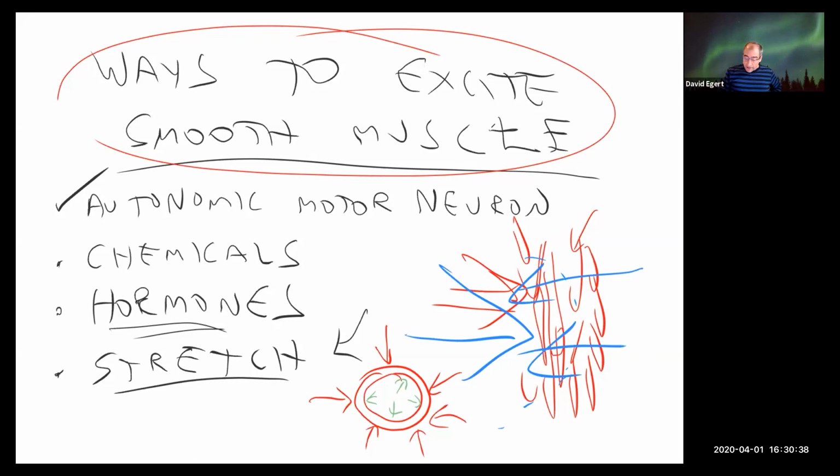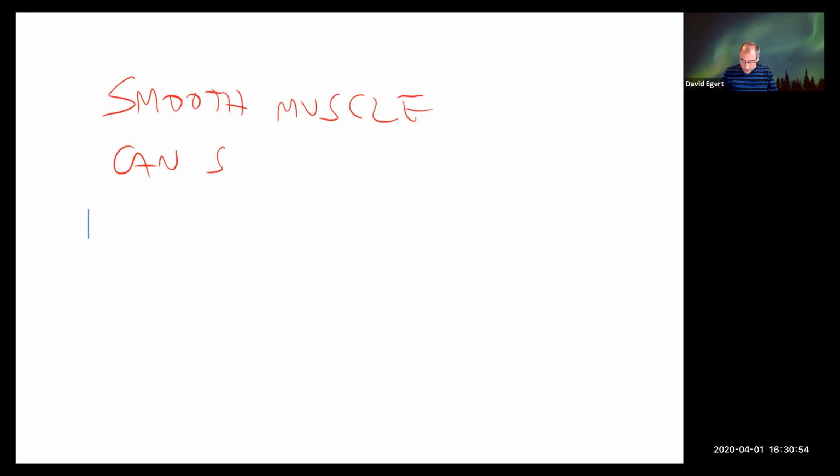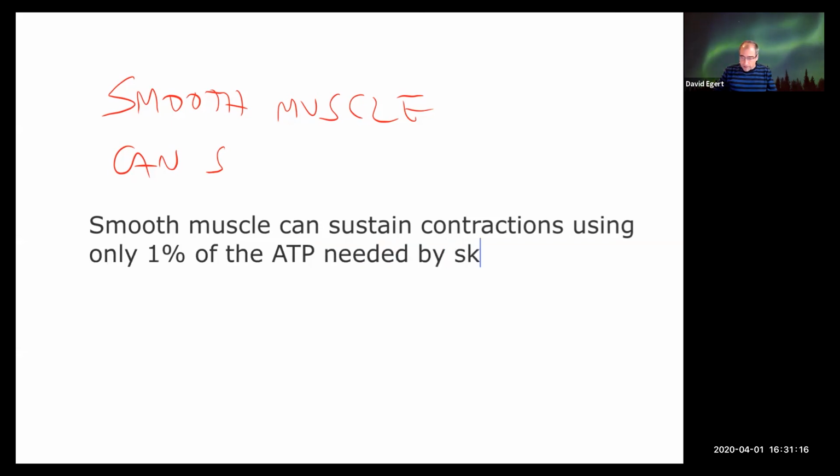And the last thing I'll talk about with smooth muscle that makes it different than skeletal muscle: smooth muscle can sustain contractions using only about 1% of the ATP needed by skeletal muscle.